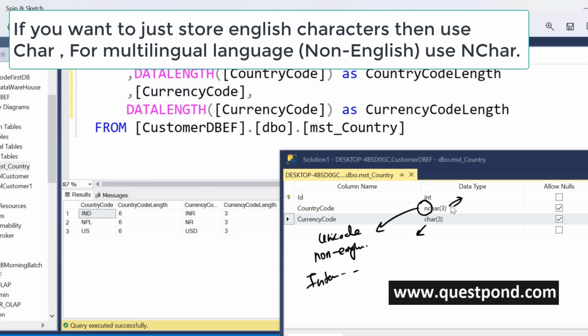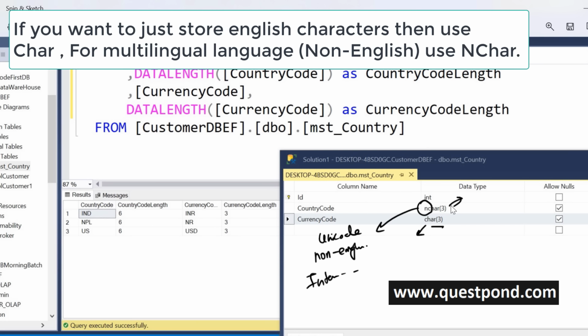So if you want to store pure English characters like capital A to Z and small a to z and 0 to 9, then you can use char. But if you want to store non-English characters like Chinese, Hindi, Tamil, Malayalam, Nepalese languages and so on, then you need to use n, right?